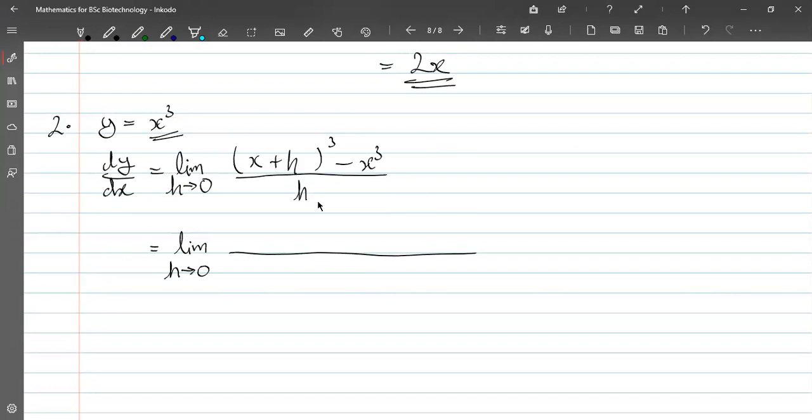Now x plus h the whole cube. So remember the binomial theorem: a plus b the whole cube is a cube plus 3a square b plus 3a b square plus b cube.